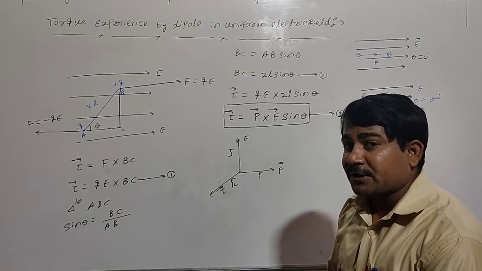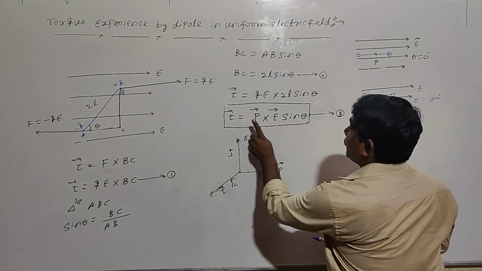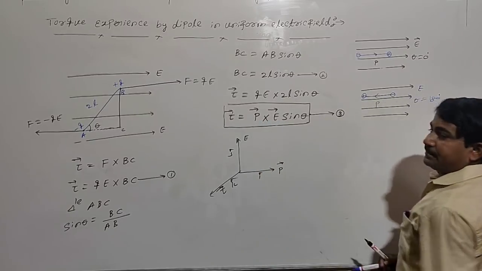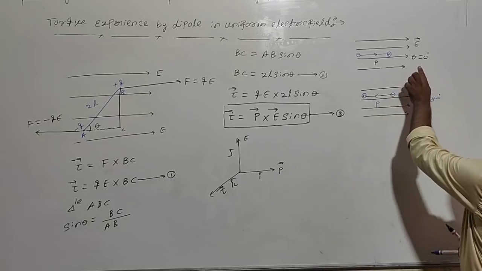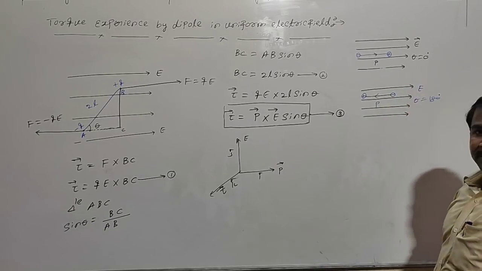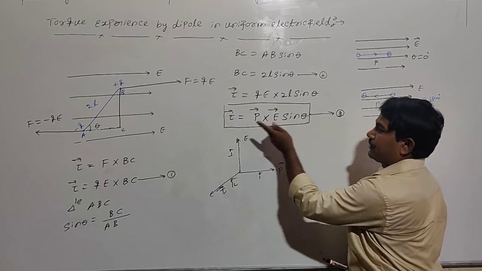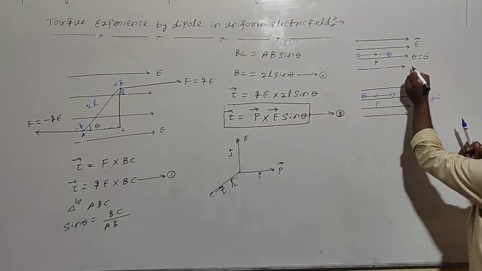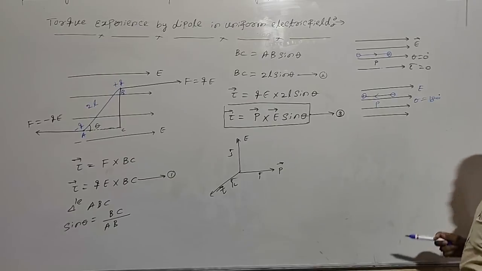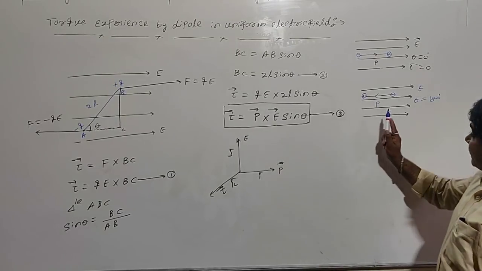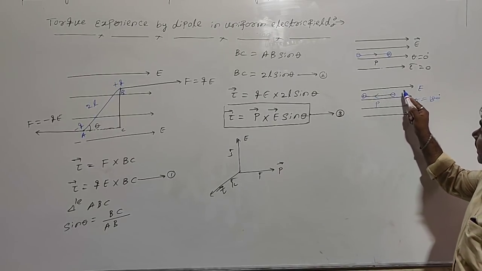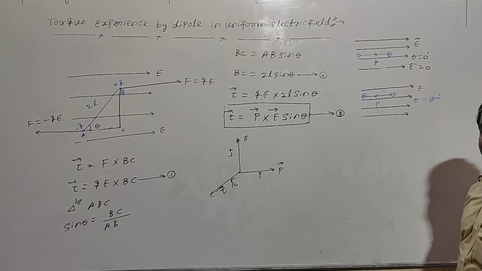So, come to this equation. What is the magnitude of the torque? Tau equal to PE sin theta. In the first case, theta equal to 0 degree. Sin 0 is 0, 0 into PE is 0. Then what is the torque here? In this case, torque equal to 0. In this case, dipole moment and electric field intensity are anti-parallel to each other.